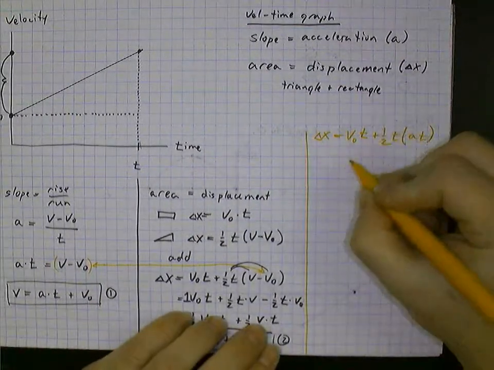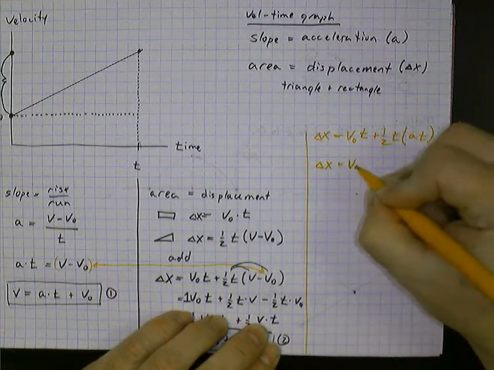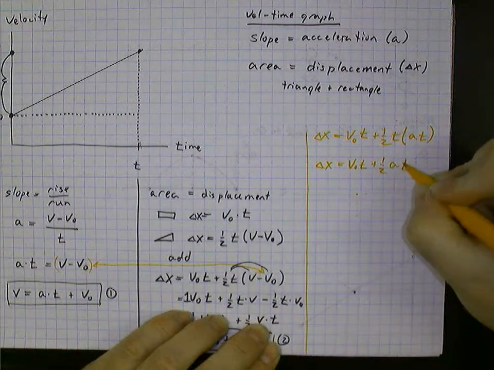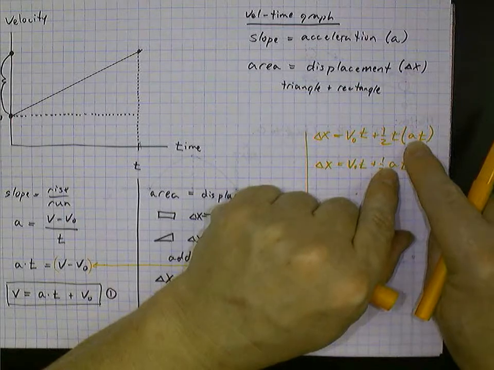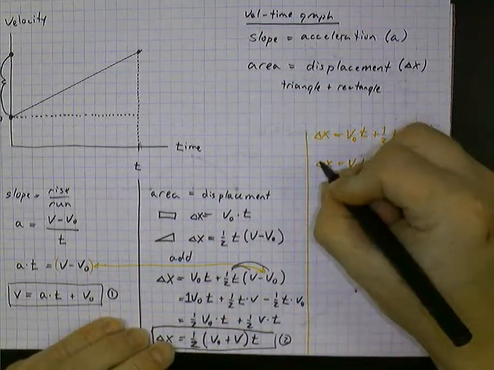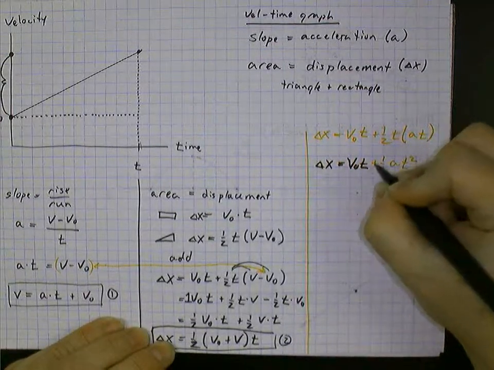Now, simplifying just a little bit, delta x equals v naught t plus 1/2 a t squared. T times t is t squared. A doesn't do anything, the half doesn't do anything. There is the third of our kinematics equations.